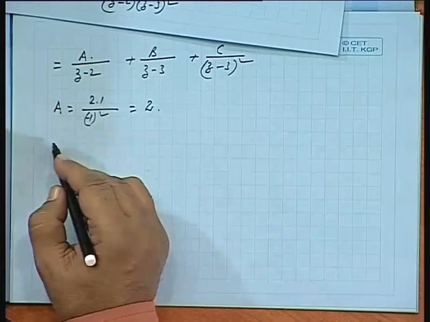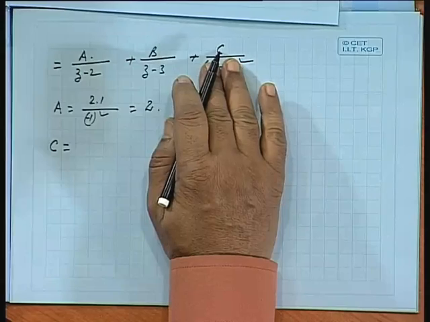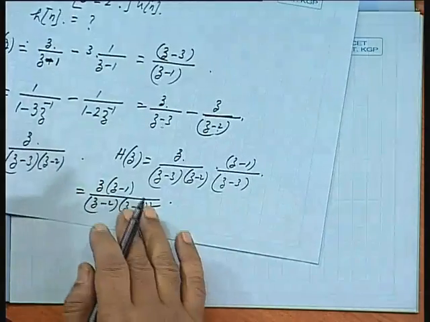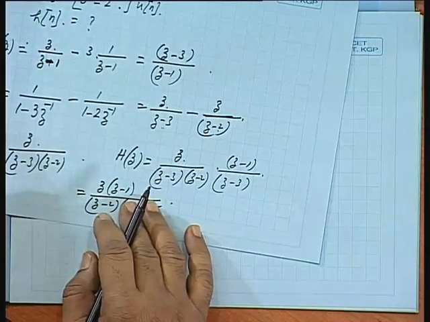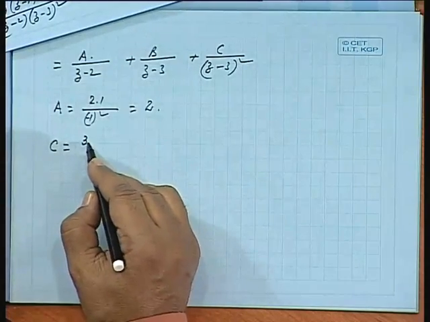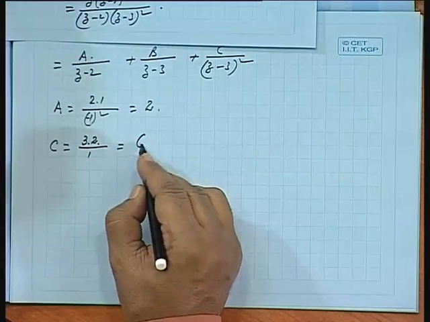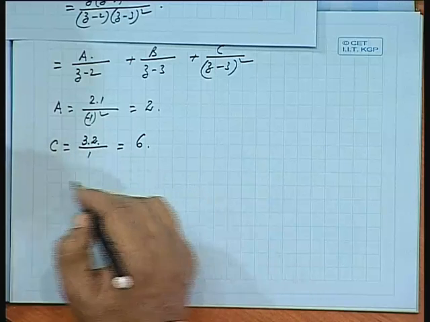Are you all getting that? C will be, I multiply by z minus 3 whole squared, then put z is equal to 3. So, it will be 3 into 2 divided by 3 minus 2, that is 1. So, that is 6. Okay.